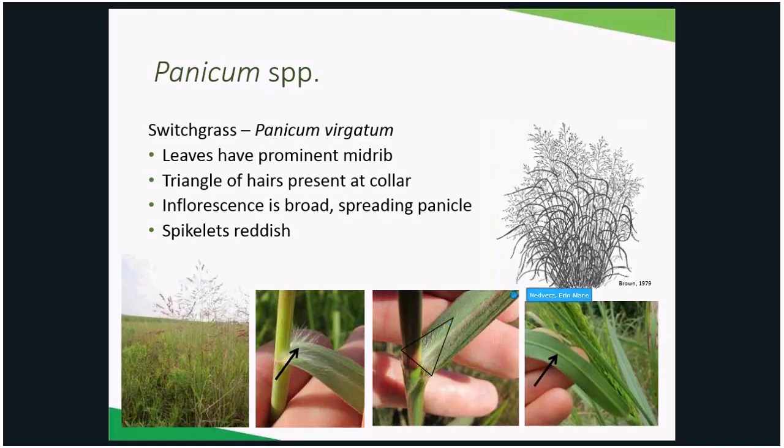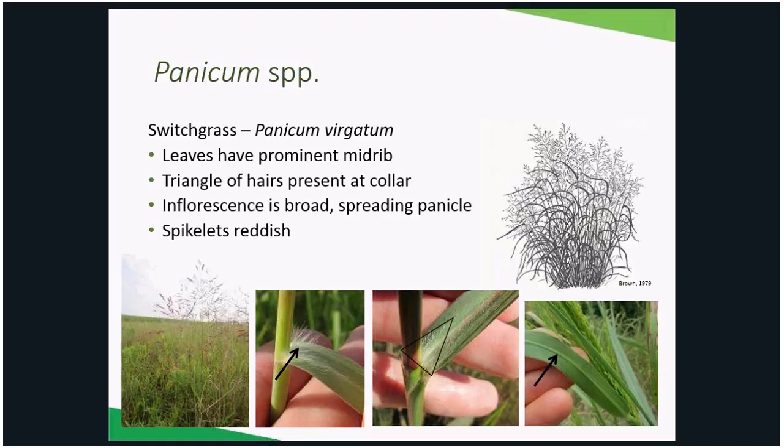There are other hairs along the leaf, but that's not necessarily the best characteristic to go by because hairs along leaves in general are pretty variable among different grasses, but this dense tuft of a triangle-shaped tuft of hairs is very distinctive, and the only grass that I know that it occurs in is switchgrass.